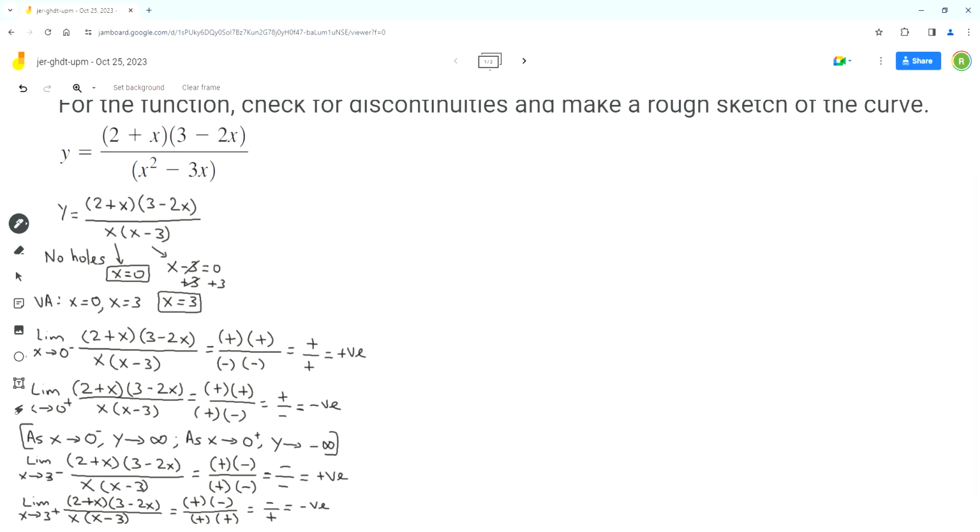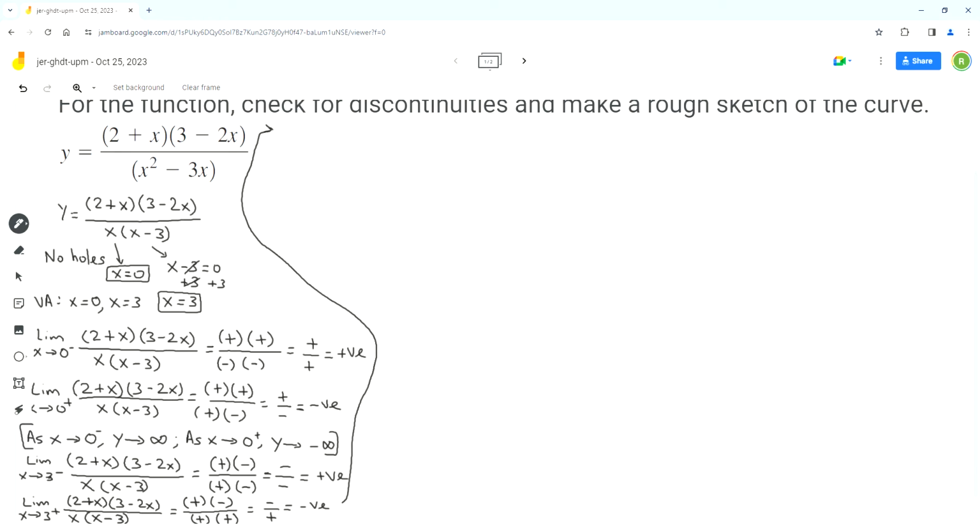So now we can conclude about the vertical asymptote at x equals 3. So I can write the conclusion.